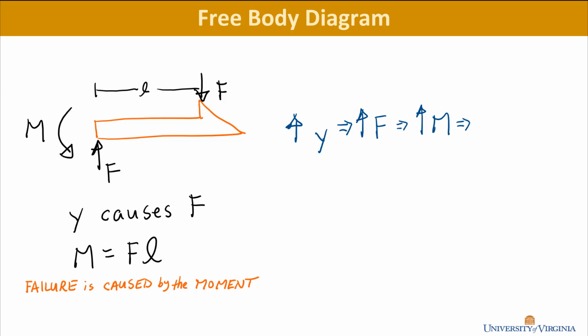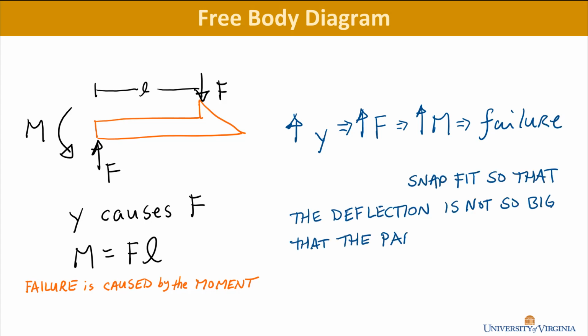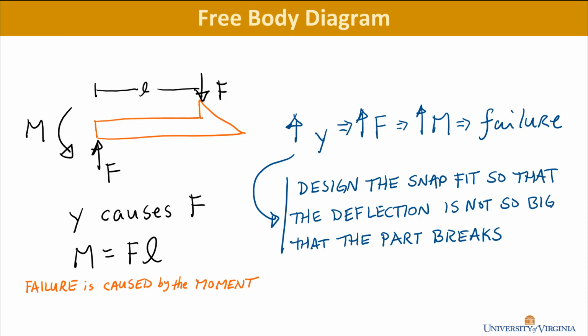And as you increase the moment, that's going to increase the stress related from that moment, which increases the chance of failure. So the idea here is that you want to design the snap fit so that the deflection is not so big that the part breaks. And if you have the deflection be too big, the snap fit can snap right off, which is something that you don't want it to do.